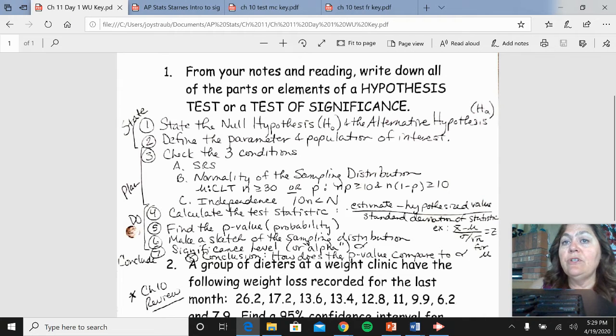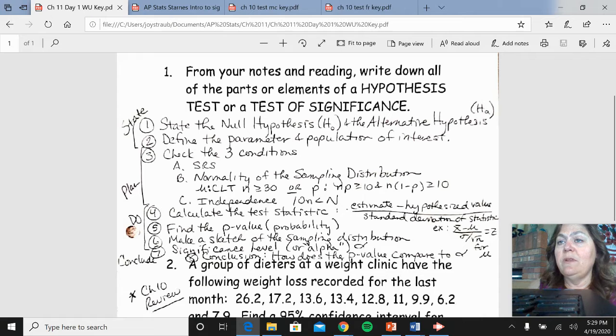Okay. Your conclusion this time, now you must label in it what your significance level is, what alpha is, whether it's 0.05, 0.01, 0.1. Those are the common ones. That'll go along with your CI levels of confidence of 90, 95, 99. So we're going to use those.